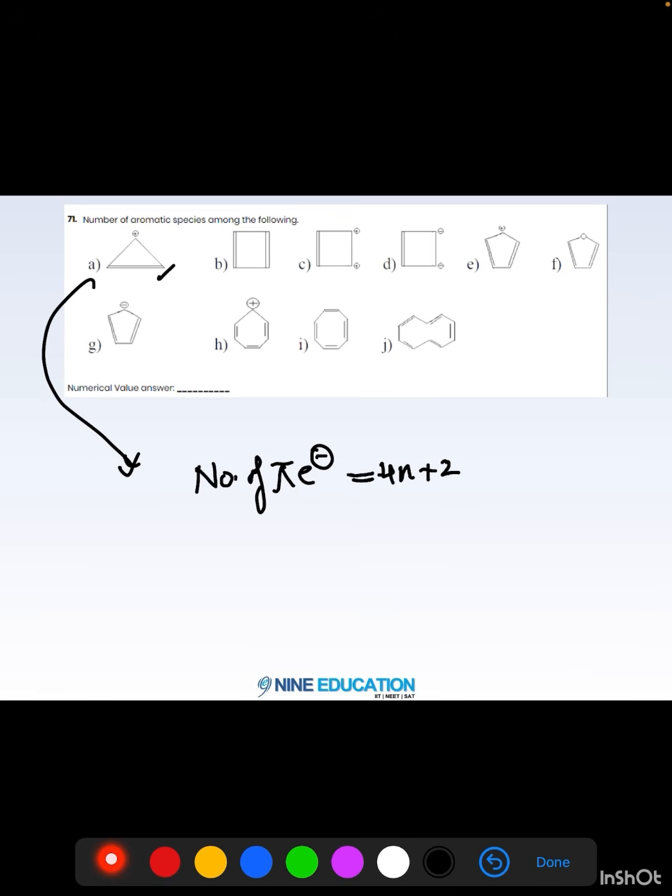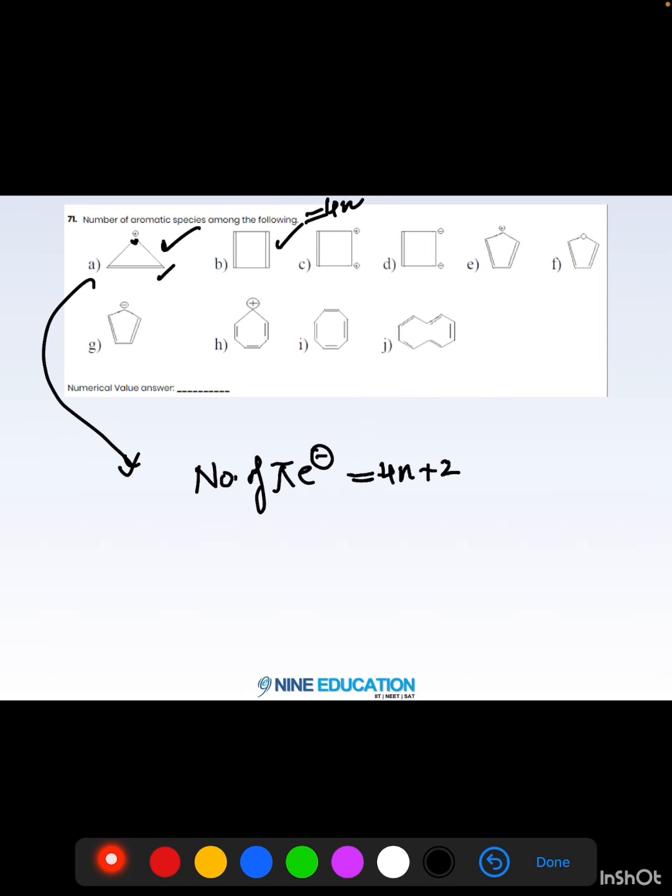If you look at the first case, you have this carbon with positive charge and a pi bond, so all the atoms are involved in resonance, having a total of 2 pi electrons. So 2 is equal to 4n plus 2, with n equal to 0, so it should be aromatic. Next, this will be anti-aromatic, because here the number of pi electrons is 4, which equals 4n, so it is an anti-aromatic compound.